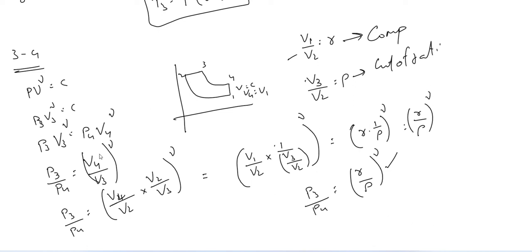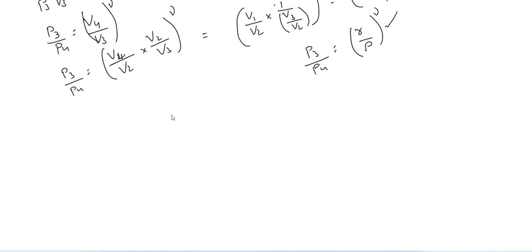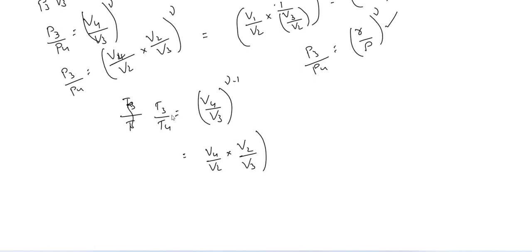And now, let us go to the next process. In the same process, we also can write in terms of temperature, right? Let us discuss. T3 by T4 equals V4 by V3 whole power gamma minus 1, right? Yeah, this equals, in the same way, V4 by V2 into V2 by V3 whole power gamma minus 1.